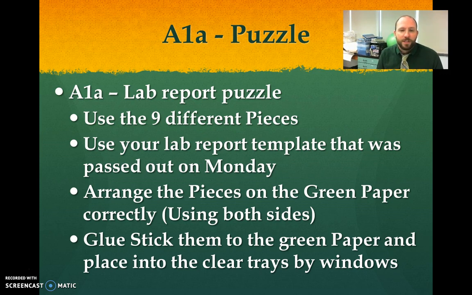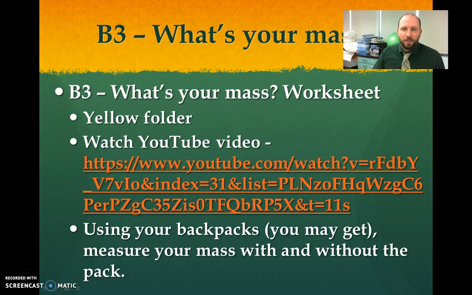You're going to use glue sticks to glue them on both sides of the green paper. Do your best to get it right the first time, because when you turn it in glued together, we will know whether it's right or wrong. They do fit on both sides because it comes from 2 pieces of paper, but don't forget to use that lab report template.